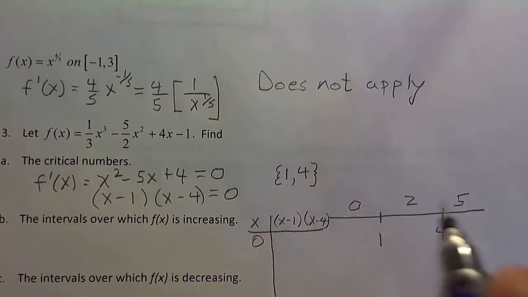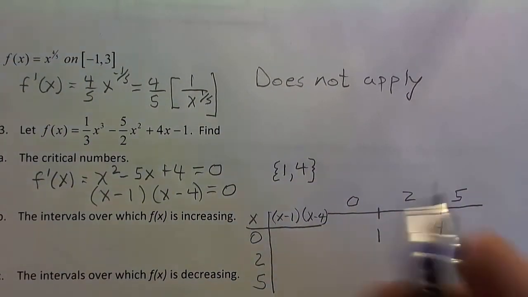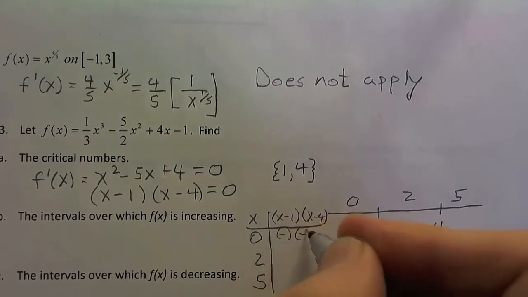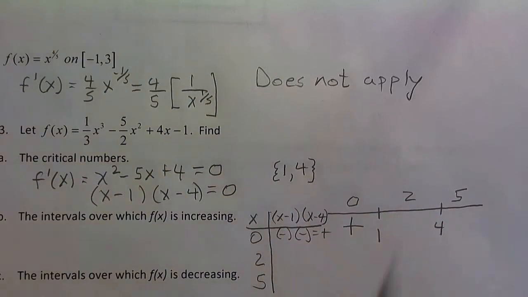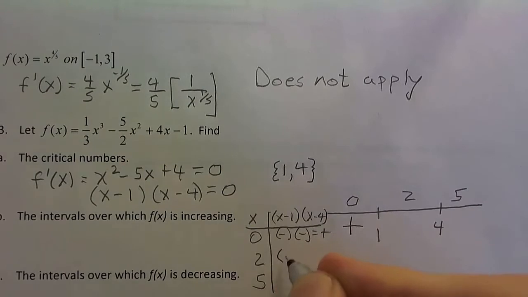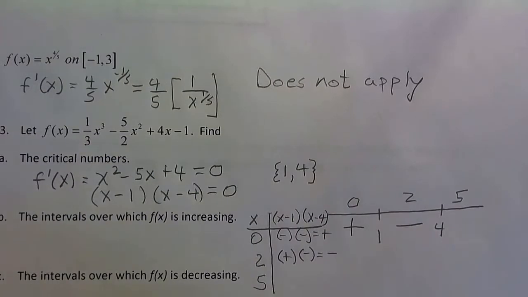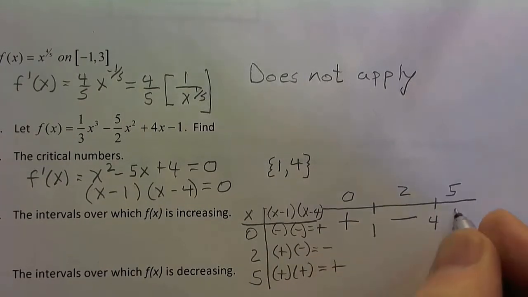Okay, so I'm going to plug in a 0, a 2, and a 5. Now, if I plug in a 0, I get a negative times a negative. That gives me a positive. So in this region, the function is increasing. Now, if I put in a 2, I get a positive times a negative. That's a negative. So it's decreasing in that interval. And if I put in a 5, I get a positive times a positive which gives me a positive, increasing.